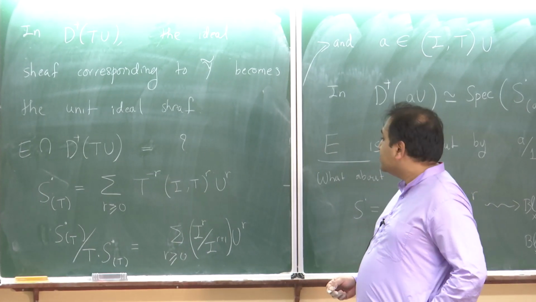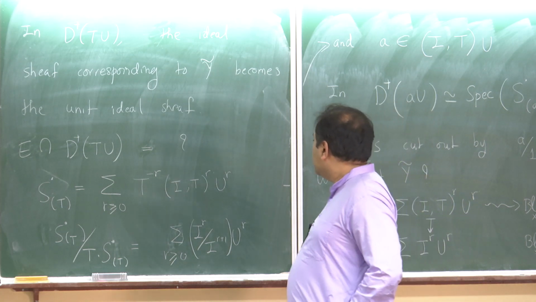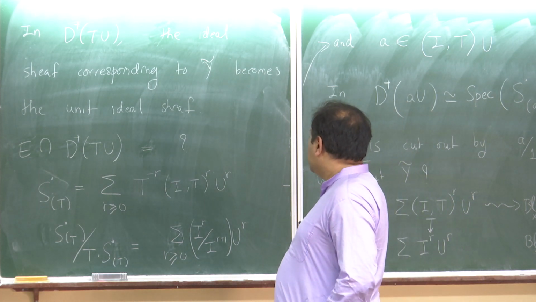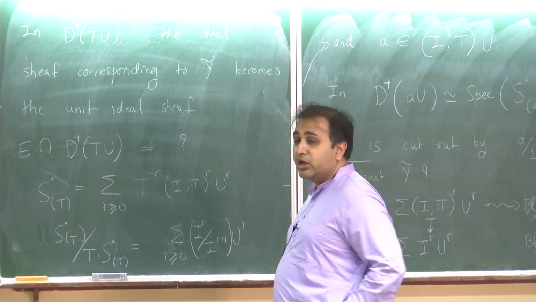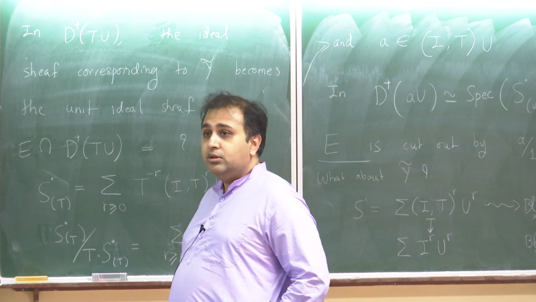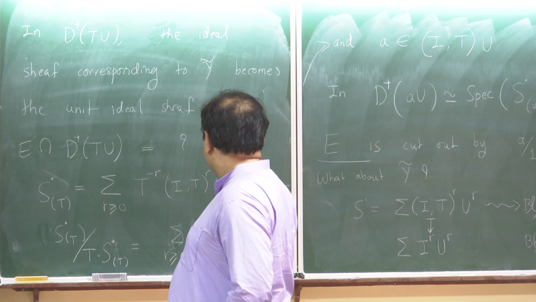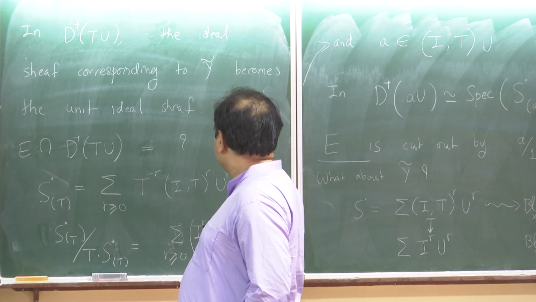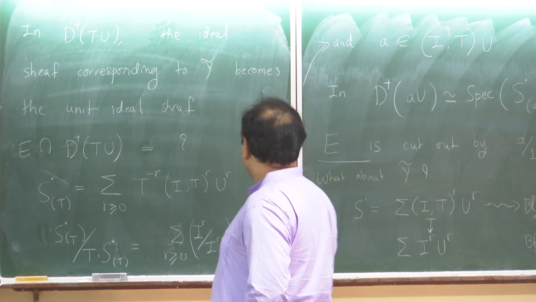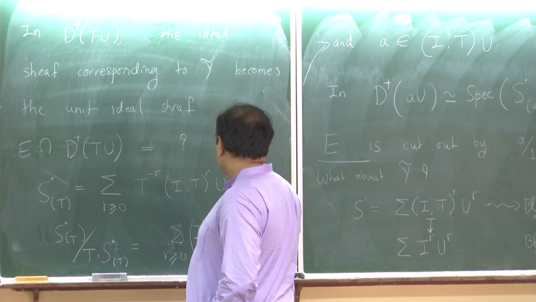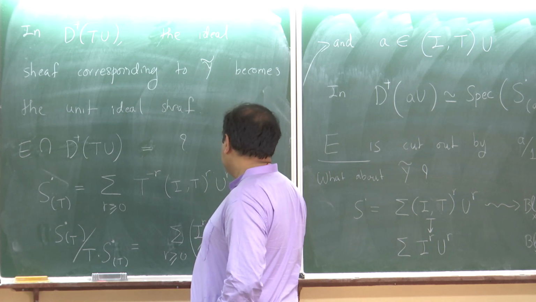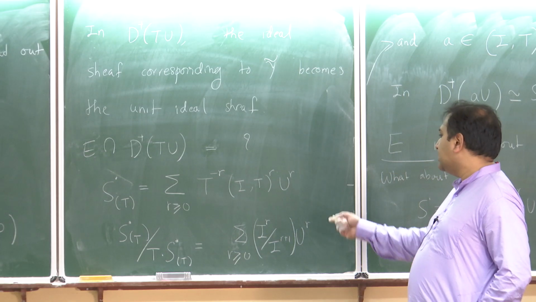Localization... I think I was just trying to see why r modulo actually r plus 1 comes, because it's a homogeneous localization. Okay, but it's something simple.